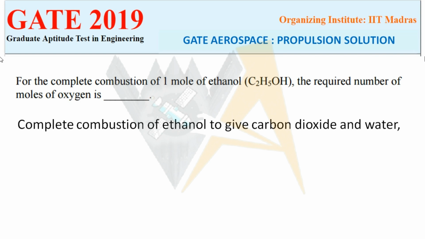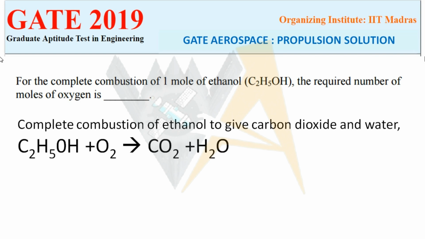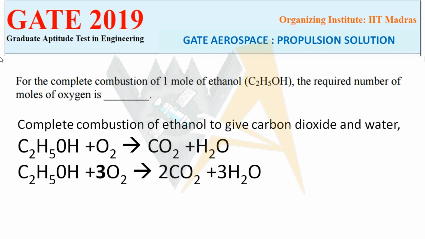So we can frame the equation as ethanol plus oxygen giving carbon dioxide and water, and we need to balance this equation. When we balance it, we get C2H5OH plus 3O2, which gives 2 moles of carbon dioxide and 3 moles of water.